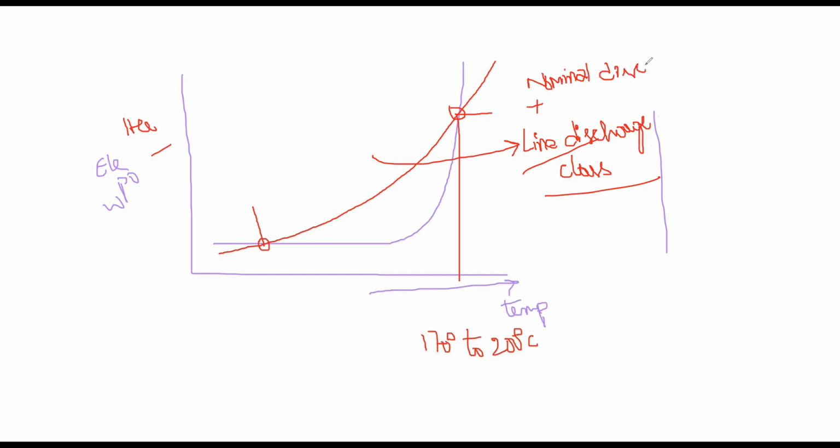These two give the exact rating of my lightning arrestor. The nominal discharge current and line discharge class are selected depending on some factors, which we will see. From this, we conclude the size of the lightning arrestor required for my application.